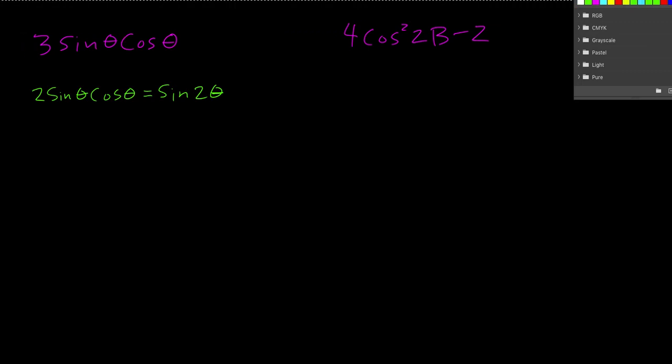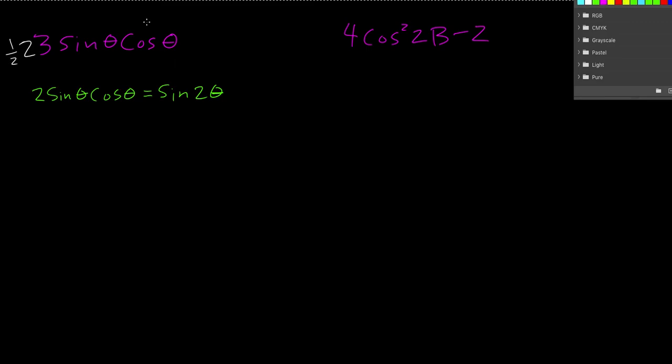So what I'm going to do to fix this, I'm going to put a 2 in there, but also cancel the 2 out at the same time. So in the original, I'm going to multiply by 2, but I'm also going to multiply by 1/2 at the same time. Because if I do 2 times 1/2, it cancels it.